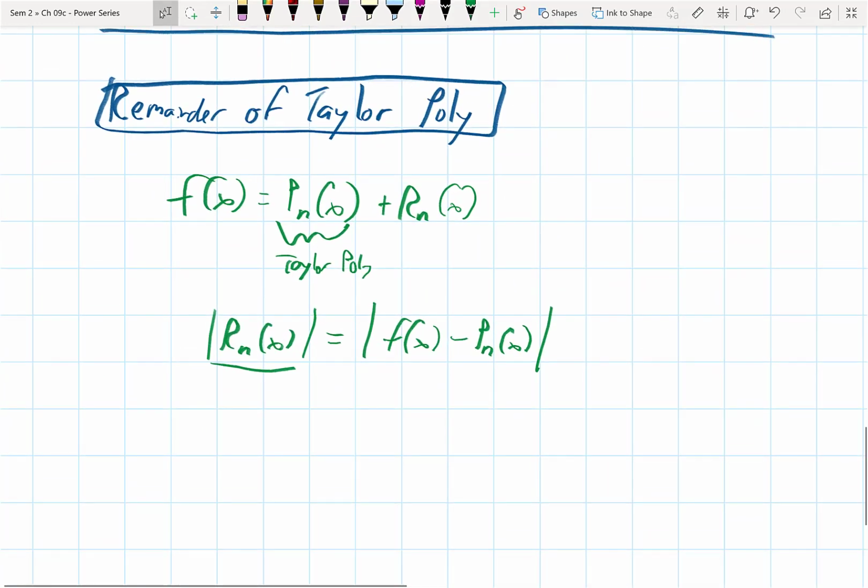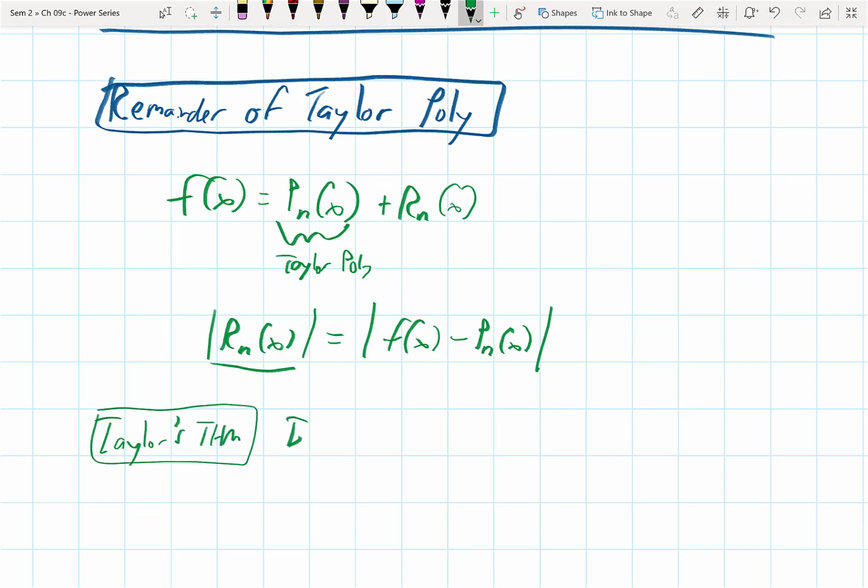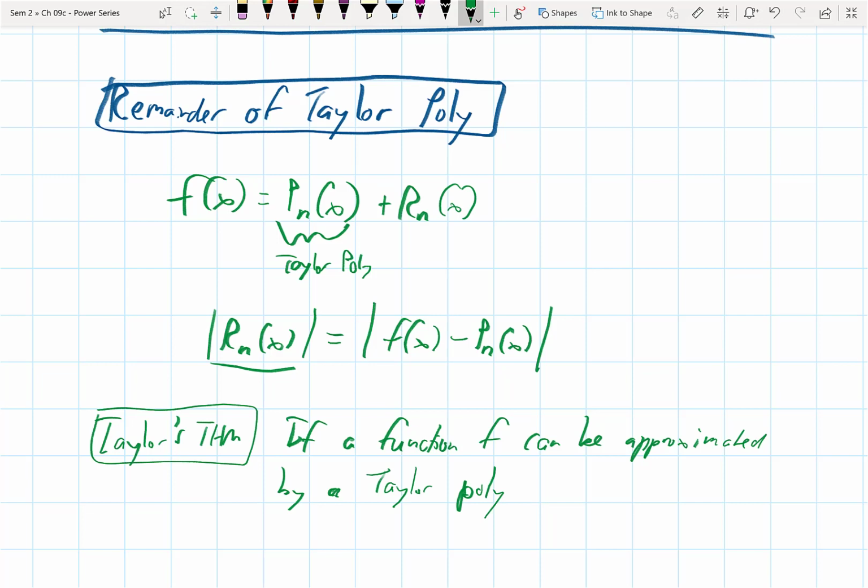So back down to here, Taylor's theorem says that if a function f can be approximated by a Taylor polynomial of order n.